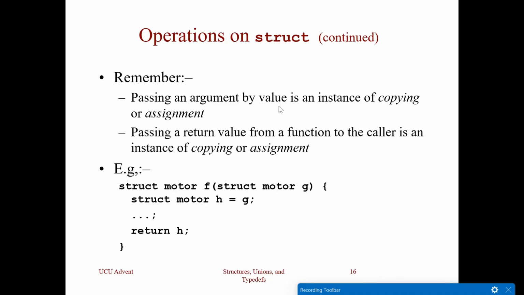An example: if we have a structure motor called F and we want to copy the value of G, we copy H, assign it to G, then return H. So H will have taken over the value of G.